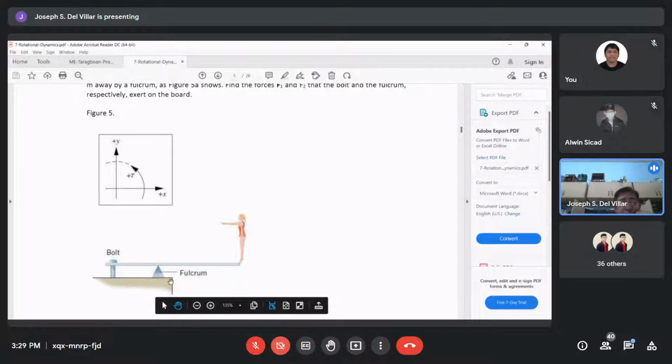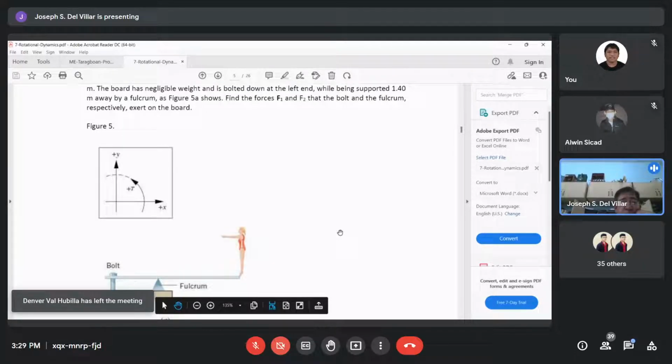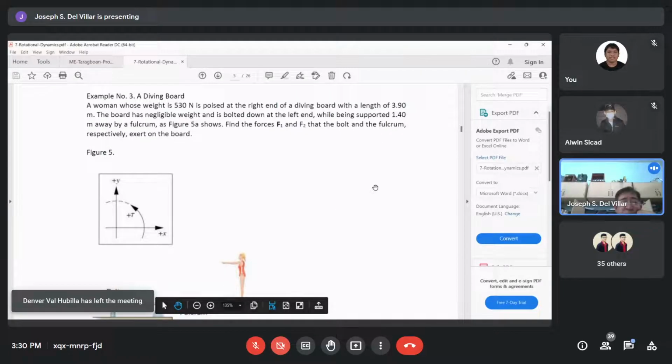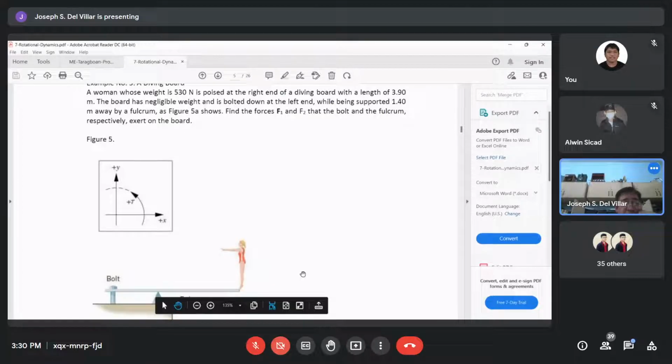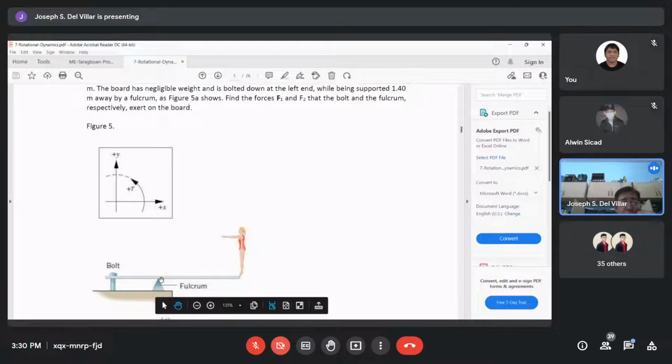So therefore, if this is 1.4, and the length of the board is 3.9, alam nyo na kung ilan to, yung distance from the fulcrum up to the point where the woman stands. Di ba? Kung 3.9 tapos 1.4, i-minus nyo yun. Okay, the difference. So it is 2.5 from the fulcrum going to the right end. No?